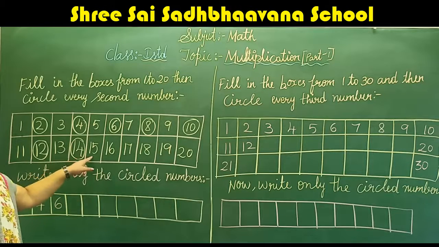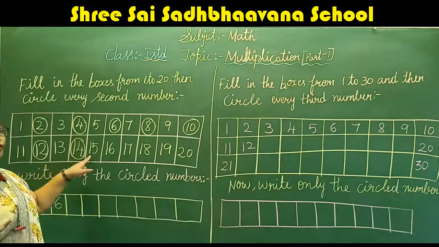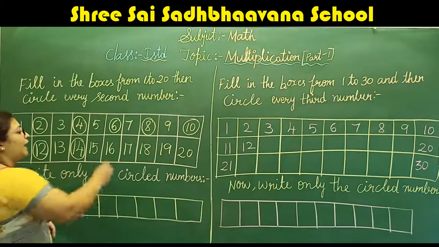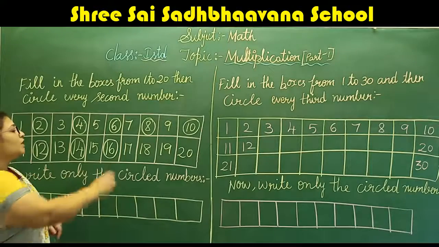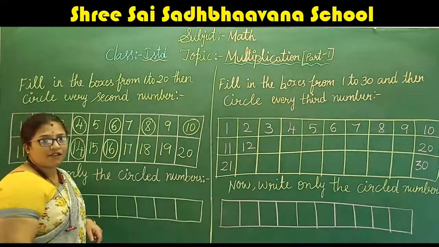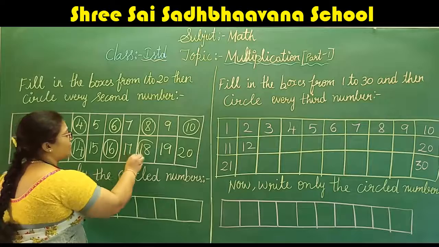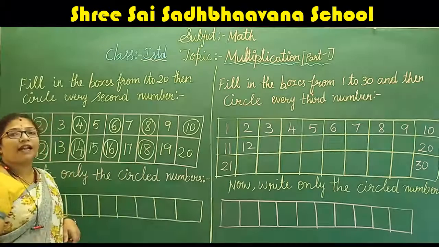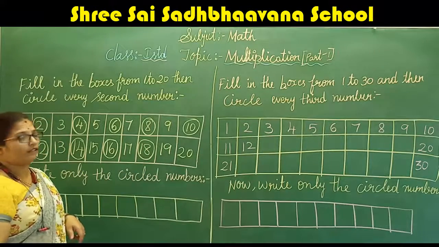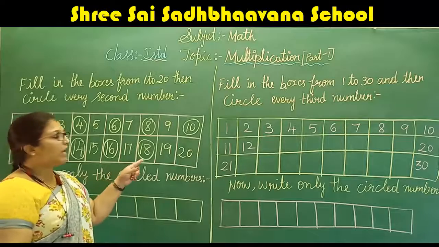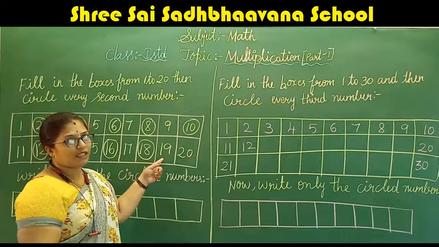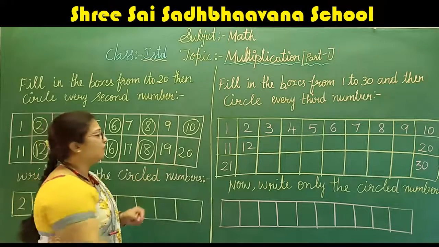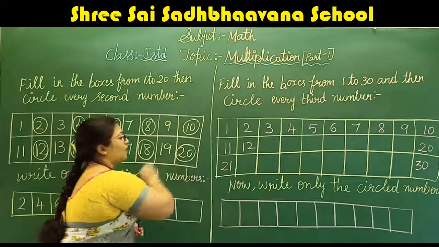After 14, 15 they have given, so you skip 15 and circle 16. After 16, 17 is given, so you skip 17 and circle 18. After 18, 19 is there, so we skip 19 and circle 20.